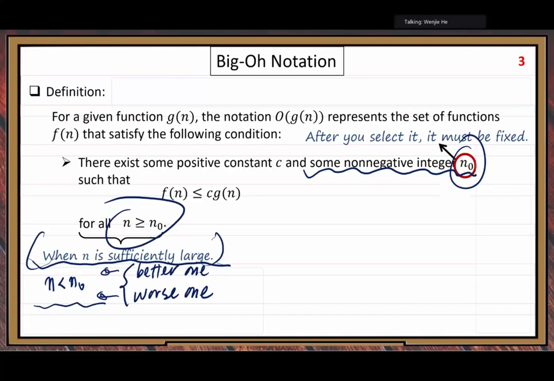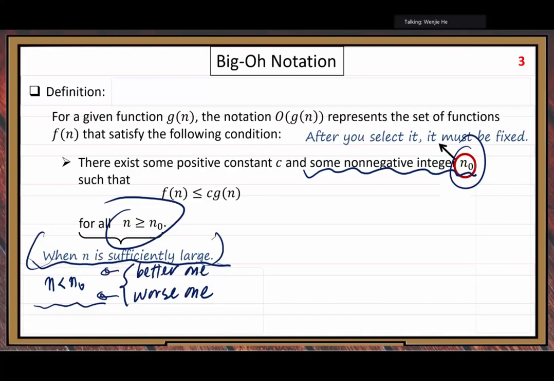In calculus, when people write this similar statement, sometimes they want to avoid using n0 explicitly. Sometimes they use it, sometimes they do not.